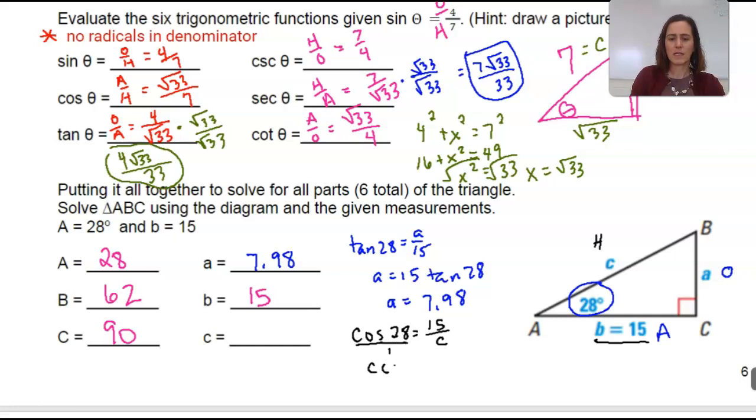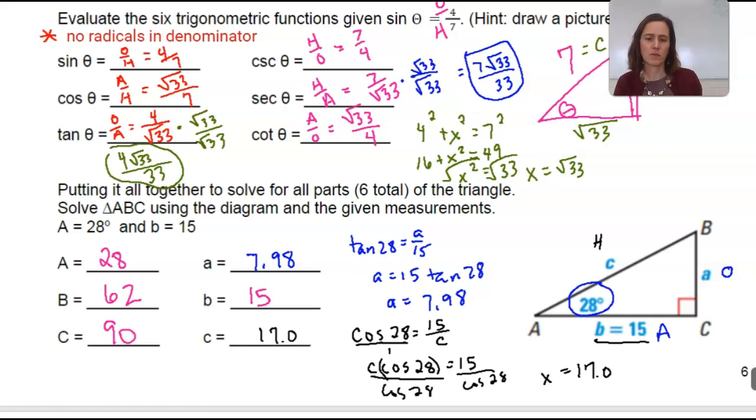So we have C times the cosine of 28 is equal to 15. Divide by cosine of 28 on both sides. And we get 17.0 rounded. So it's pretty close to 17 as our 2 sides.